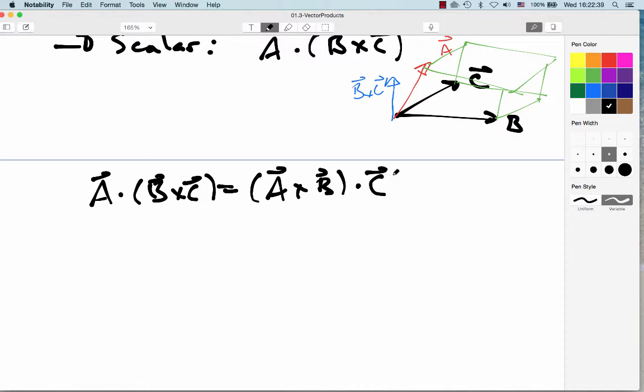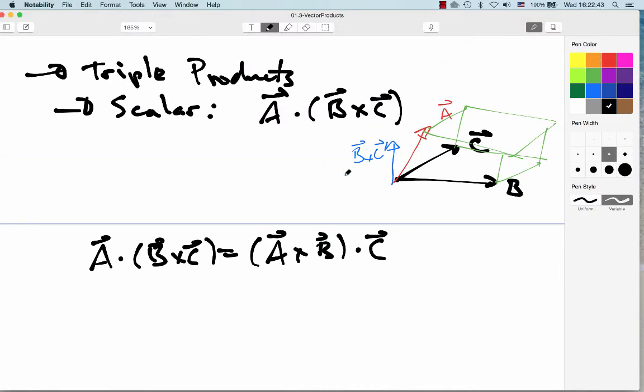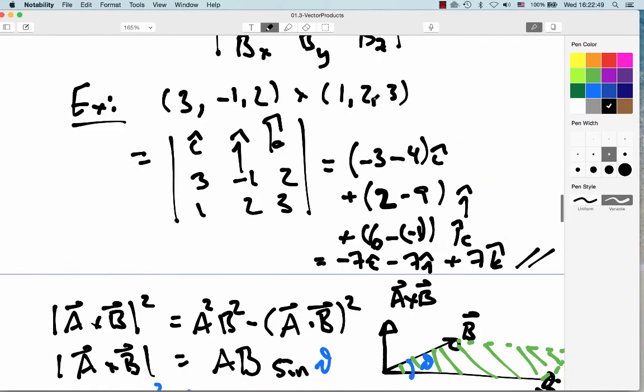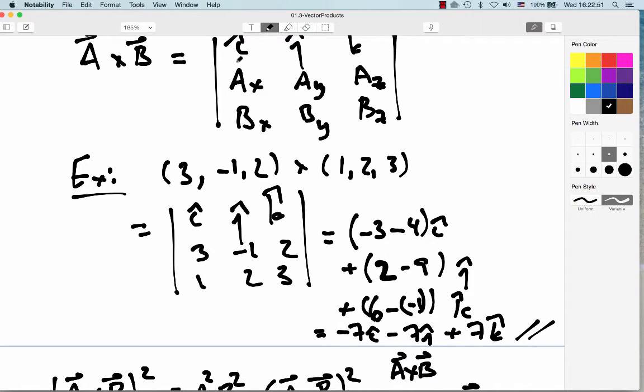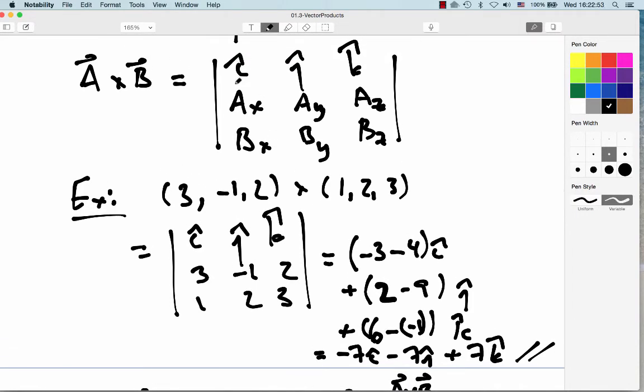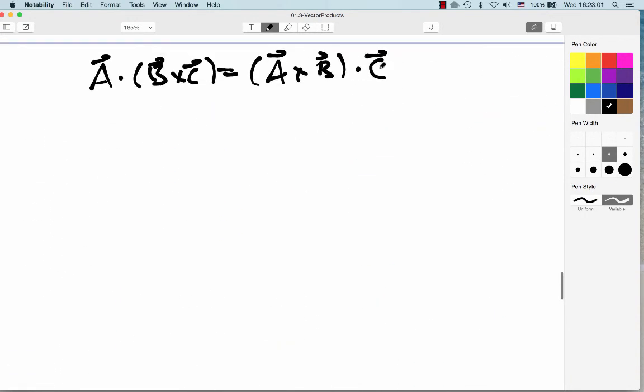Now, a way to think about this is when I dot A into that B cross C, that would be the same difference as if, when I go to this mnemonic here, I were to just put the x, y, and z components of the thing I'm dotting into the top row. You can convince yourself that that's true.